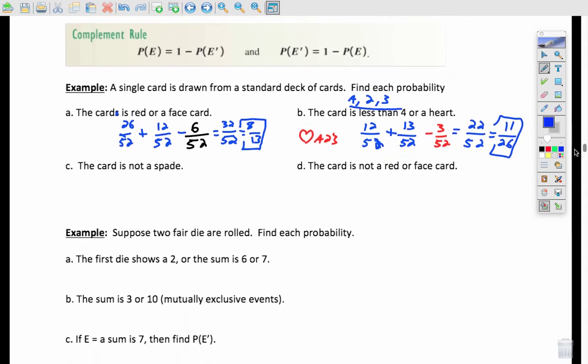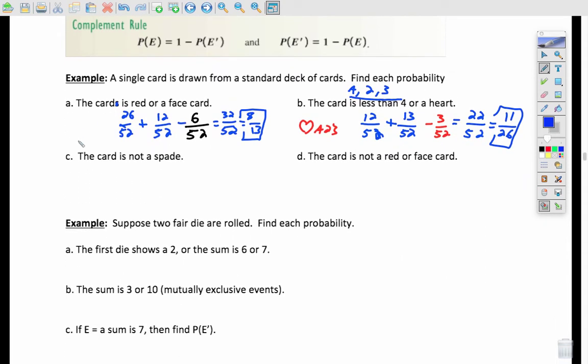And this is where things get a little bit exciting. So the card is not a spade. Well, sometimes it's easier to think of the complementary event and subtract the probability from 1. So rather than counting all the cards that are not spades, it might be easier to count the cards that are spades and take that probability away from 1.